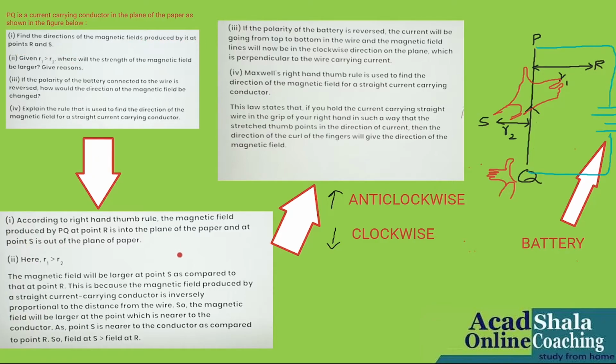That means you will say, according to the right hand thumb rule, the magnetic field produced by PQ at point R is into the plane of the paper, which I told you in the beginning. We have a plane of paper and we have kept the current carrying conductor PQ over it. And at point S it is out of the plane of paper.